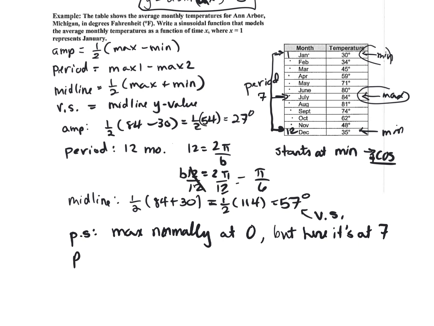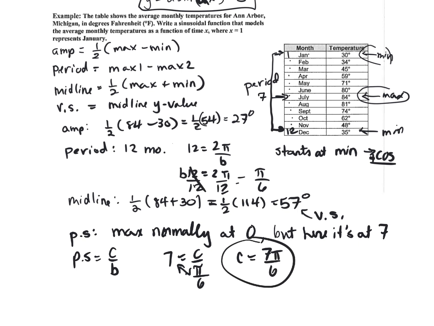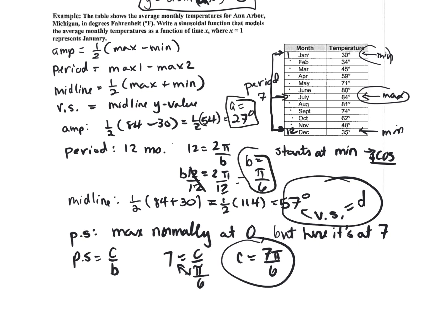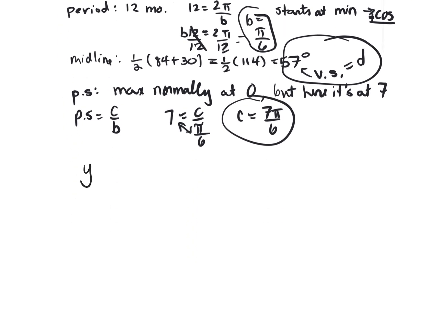So our phase shift is equal to C over B. So 7 is equal to C over B, which is pi over 6. If we cross multiply here, we get C is 7 pi over 6. So now we've got C, we've got our vertical shift, which is D, we've got our B, which is pi over 6, and we've got our amplitude, which is A. So we've got A, B, C, and D. Now all we have to do is write this out as a cosine function: A cosine (Bx minus C) plus D. We can just plug in.